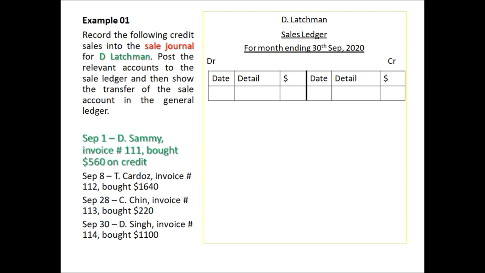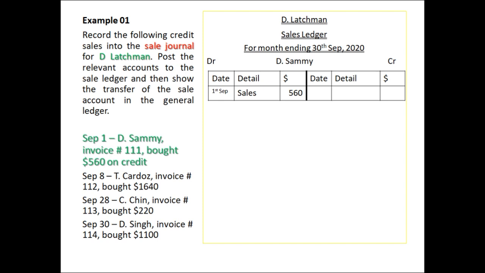After we have finished drawing up our first account, we read the question. It says September 1st, D. Sammy bought $560 on credit. So we need to place above this T account who it is for, and it's for D. Sammy. Then we ask ourselves, is D. Sammy paying us anything? No, he's not paying us.